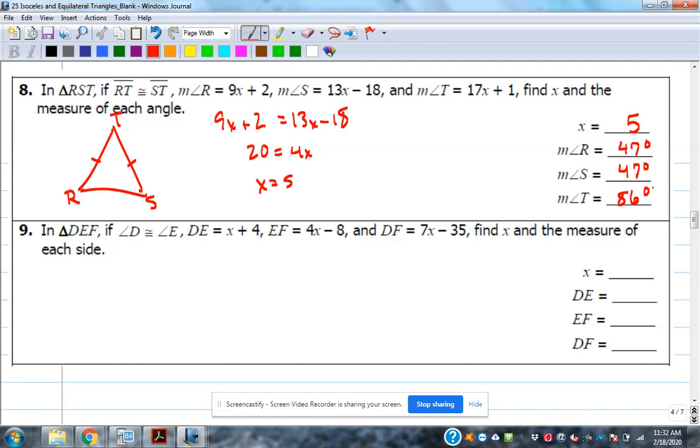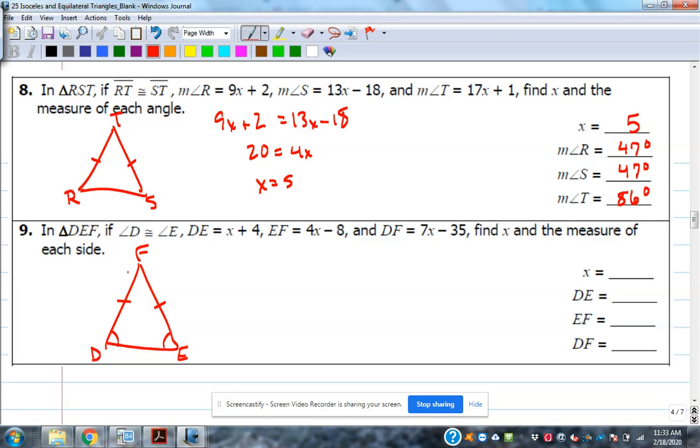Number 9, it tells us that angles D and E are congruent to one another. So which one of those is the vertex angle? F. So when you draw that, F is up top. These are congruent to one another, so we automatically get those sides being congruent to one another. You set it up and solve it. The measure of each side could be found once you found x.